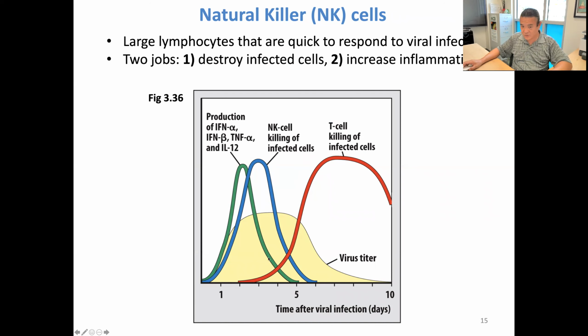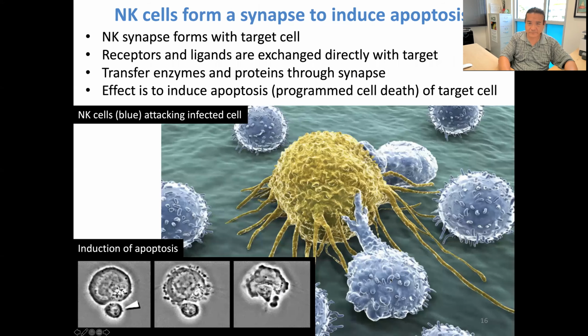And then eventually you'll see after, let's say, 5-6 days, that's when you see this red line. And the red line represents your adaptive immune system now kicking in, right? So this is T cells getting involved in recognizing the virus and doing a much more effective job of putting an end to the virus. So that's why the virus titer then really tapers off after that point.